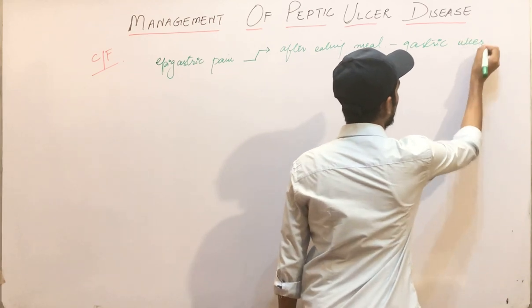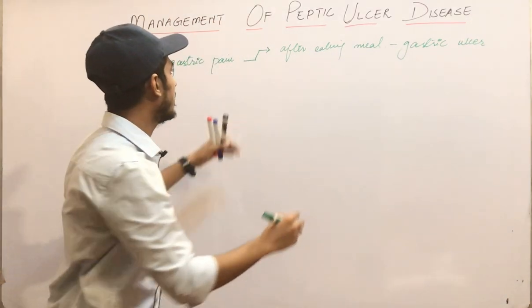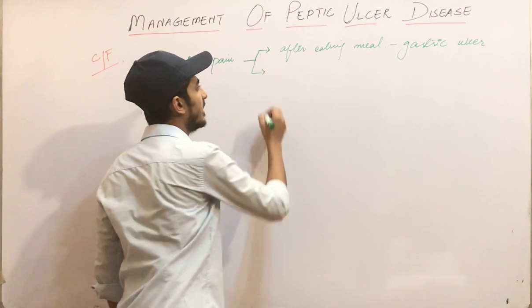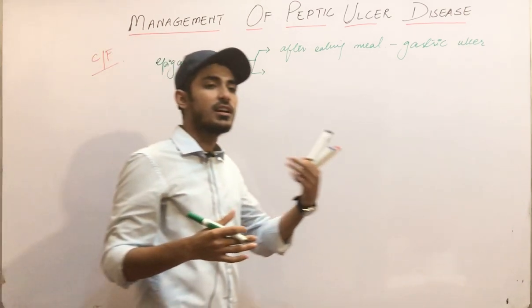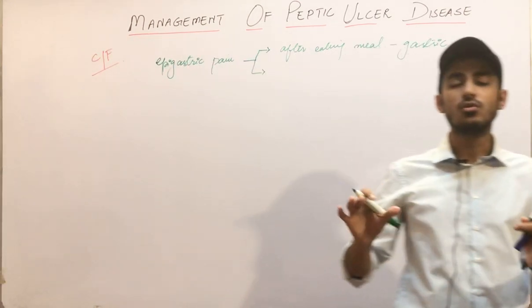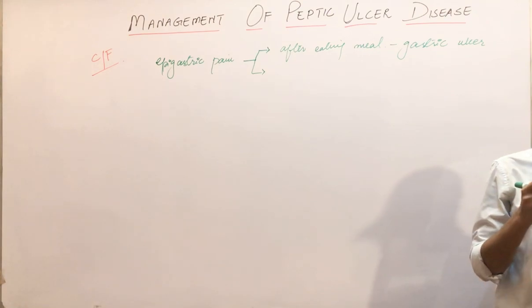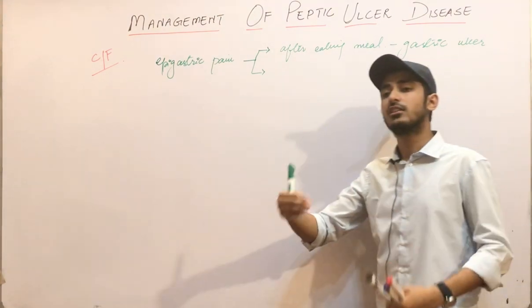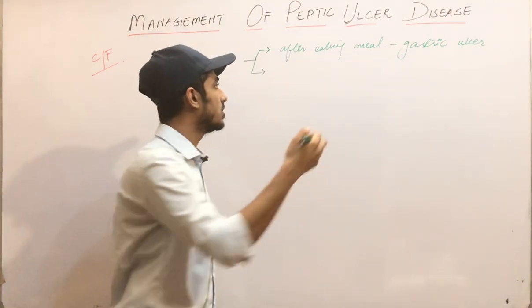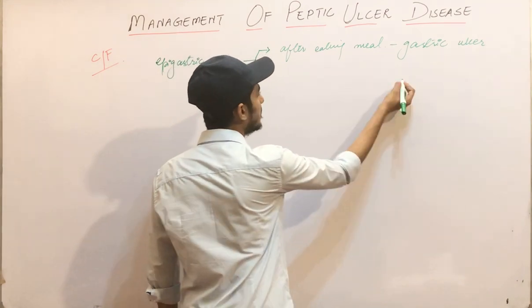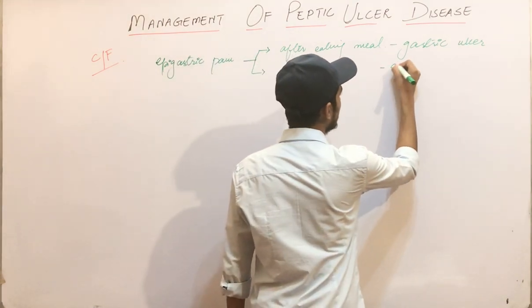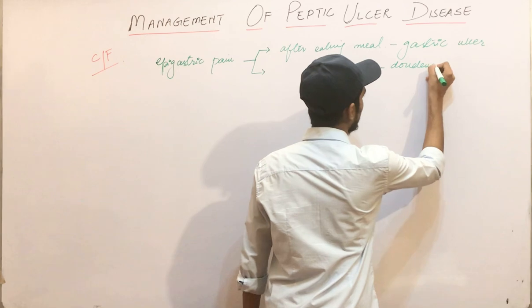And if you have asked the patient whether the pain is aggravated after eating the meal, and he says no, my pain is relieved after eating the meal, but it is aggravated 1 to 3 hours after the meal, so after eating the meal the pain is relieved, that is the duodenal ulcer.